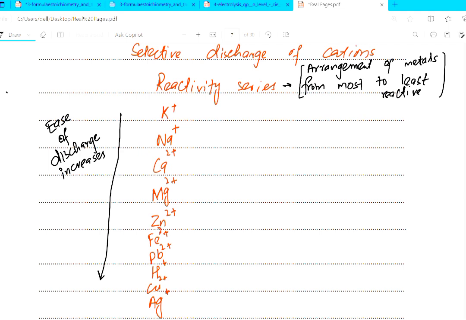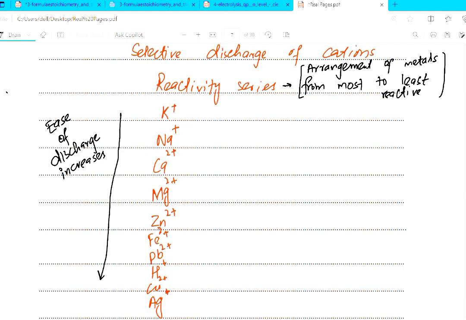So in this way, it is easy for the cathode to discharge silver as compared to copper, and copper as compared to hydrogen, and hydrogen as compared to lead, and then iron. Simply I can say that the lower ones are discharged first and are preferred to be discharged by the cathodes.